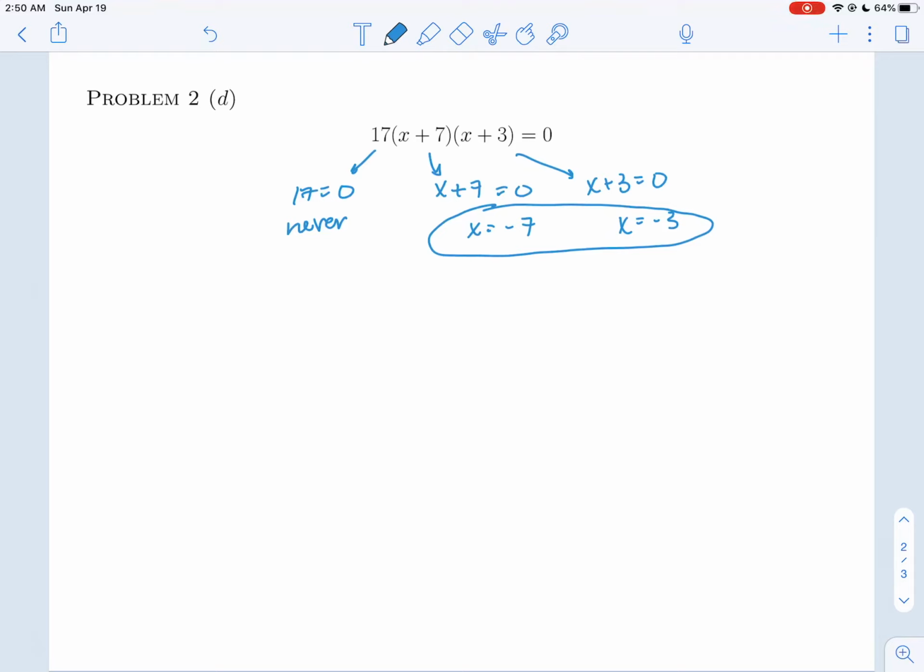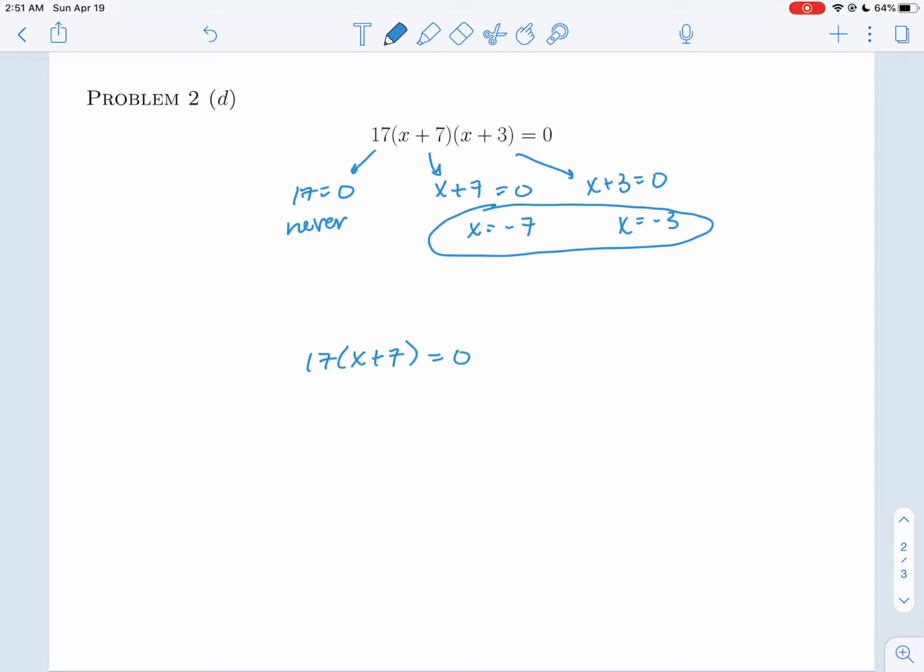If it helps you to think through this problem, like maybe that's 17 trying to get it equal to 0, but there being no x values to do that, maybe that's just a little too hard to wrap your brain around. It's totally fine. Let's just go back and break that polynomial then into just two parts. Let's keep that 17 with the x plus 7.